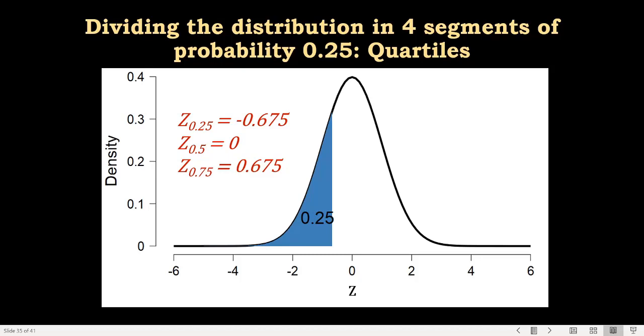And applying symmetry, we know that from 0 to 0.675, there is another 25% or 0.25 probability, and between 0.675 and infinity, there is the last fourth of the probability distribution.